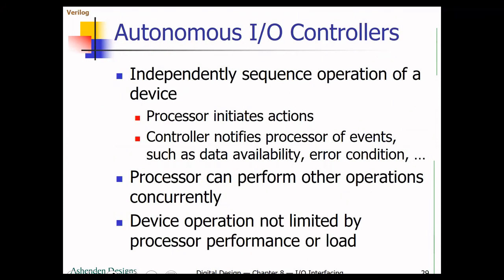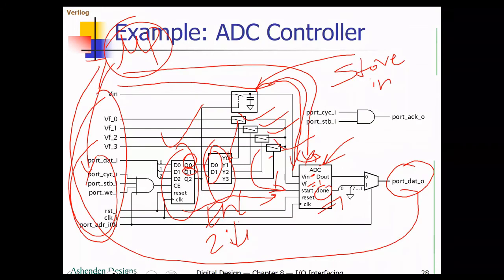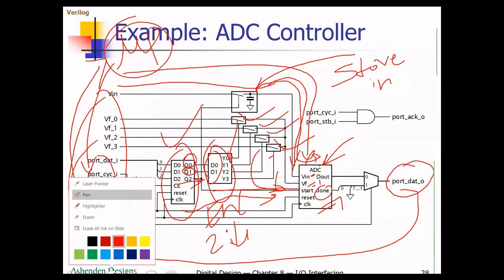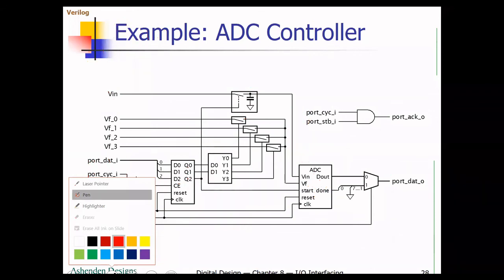If the processor tells it to start, the input will be connected to the ADC, and in the same way the start bit will be 1. I will redo it once again, better.